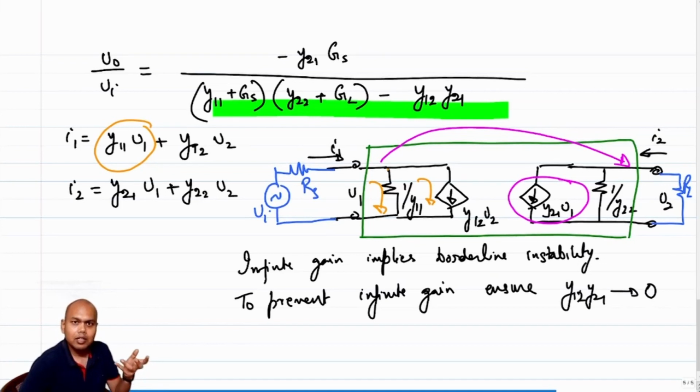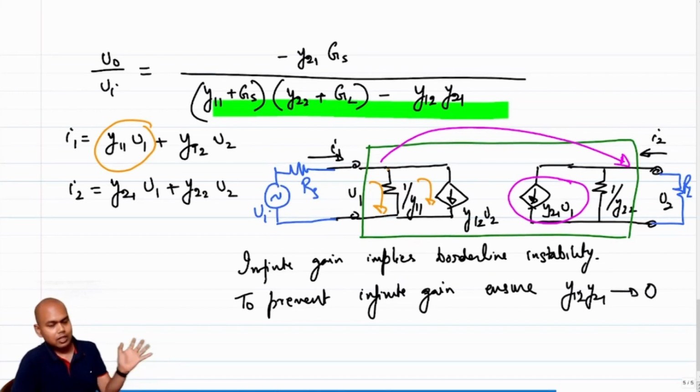So Y21 is the core of the amplifier, right? Y21 is causing the transference of signal from port 1 to port 2.